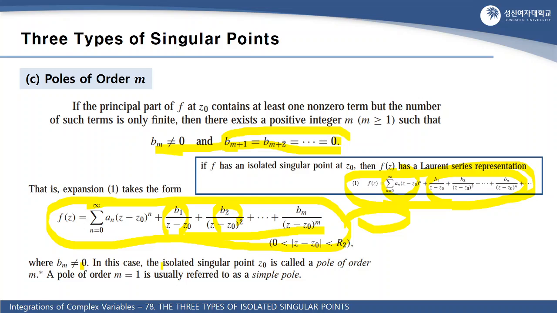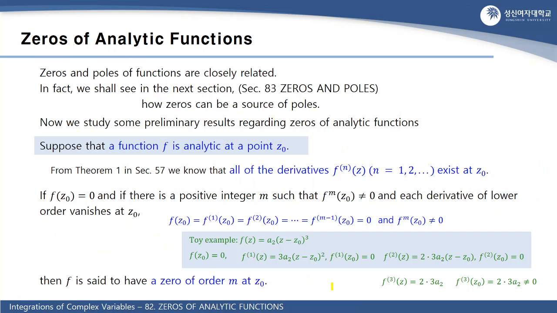In this case, we call the isolated singular point z0 a pole of order m. A pole of order m equal to 1 is usually referred to as a simple pole. Okay, this is the notion of poles of order m.